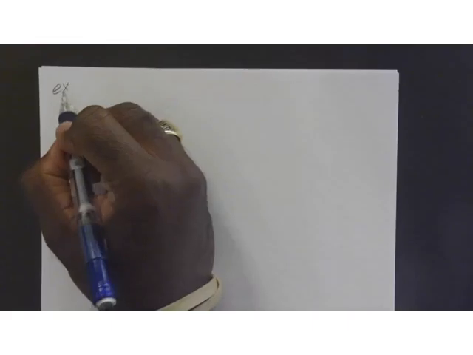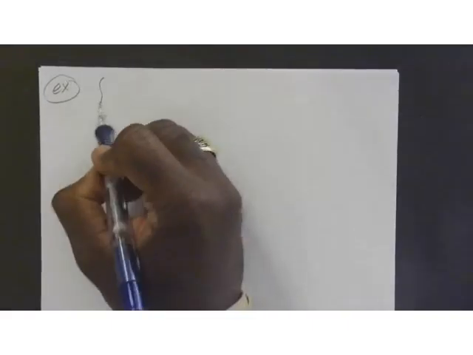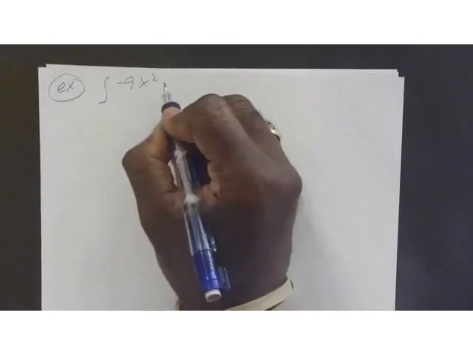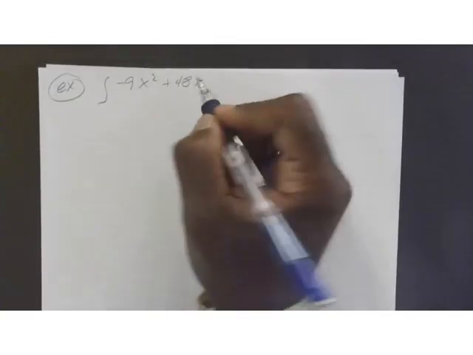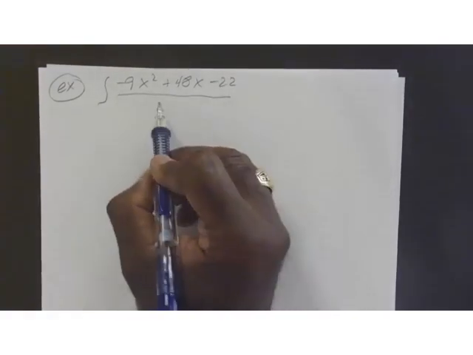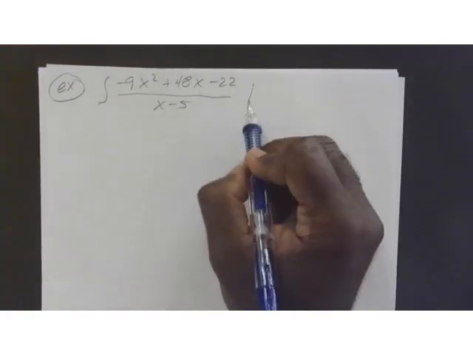Okay, so let's say, for example, if you wanted to integrate negative 9x squared plus 48x minus 22 divided by x minus 5 with respect to x.